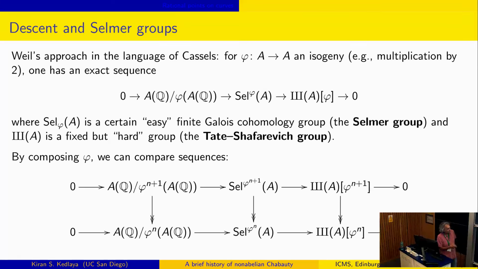As you go along, you might discover that some points in here don't lift along a map like this. That means they didn't come from here, they came from over here. And if you go up the tower far enough, you eventually manage to distinguish the points that come from rational points, as witnessed by rational points that you actually find, from elements of Sha, which are witnessed by failures of lifting.